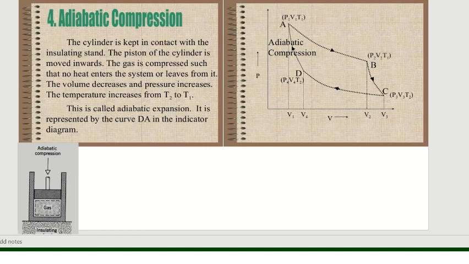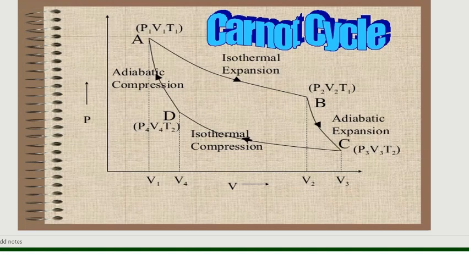These are the 4 steps which take place in the working of a Carnot engine, and this complete cycle is known as the Carnot cycle. This is the complete view of a Carnot cycle, which I have explained one by one till now.